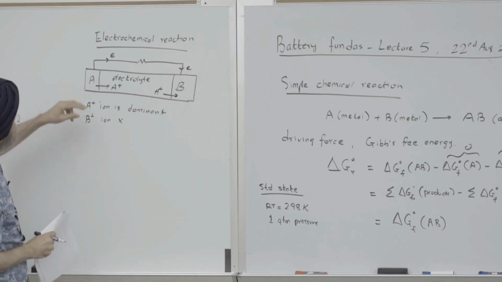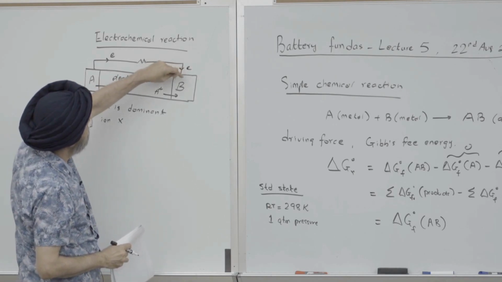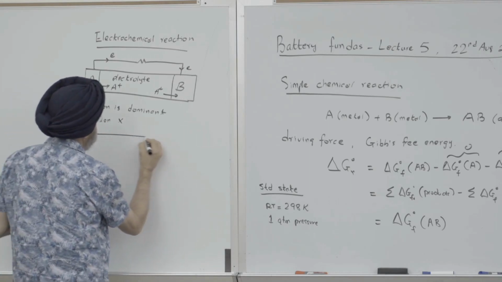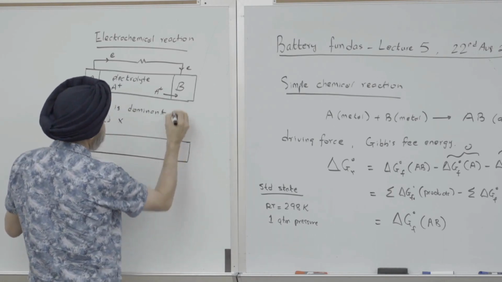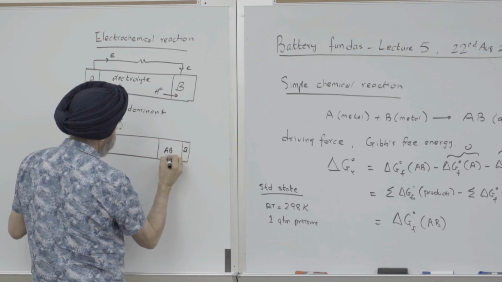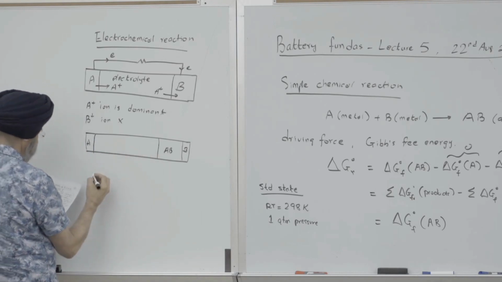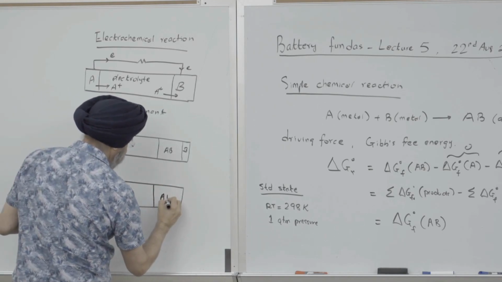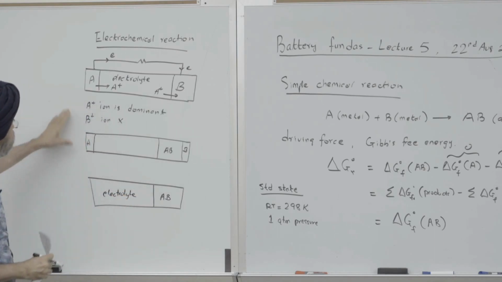So it's interesting that the oxidation gives you an electron, and then in the A plus reduction, the electron combines with the ion to give you atom A. As a result, AB will form over here, and this A will also become skinnier, so more and more A will go in that direction, so that ultimately we will have all AB over here and just electrolyte over here.